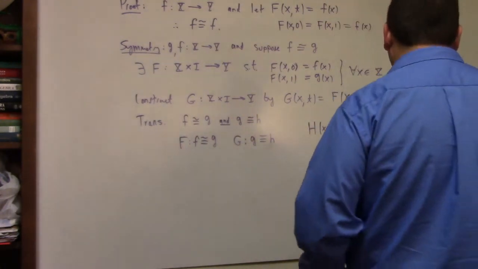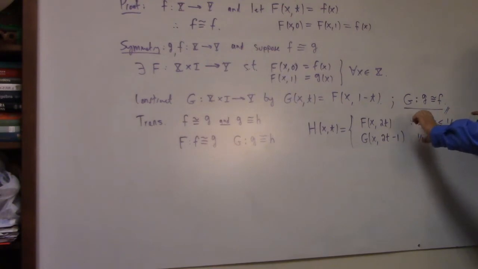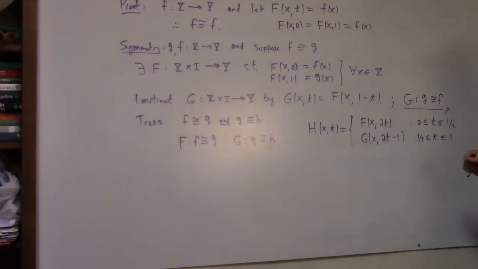Let's see, does it work? It's definitely continuous on both pieces, right? What's the overlap of these closed sets whose union forms the unit interval from 0 to 1? F of x, 1, which is little g of x, which is also big G of x, 0, which works.